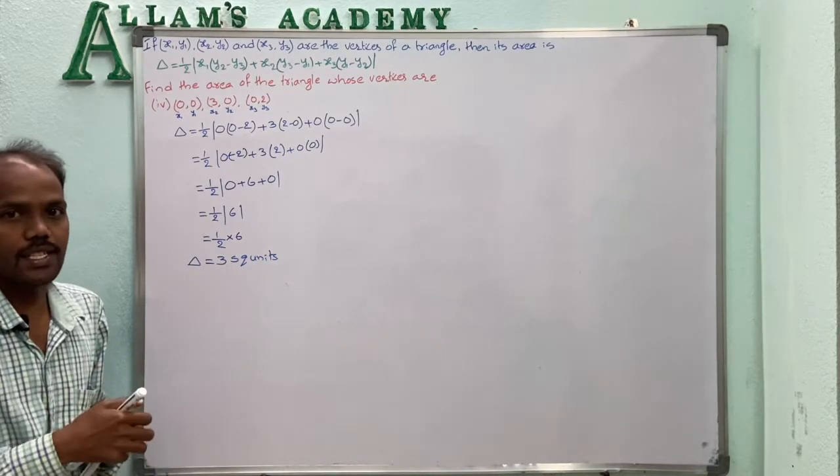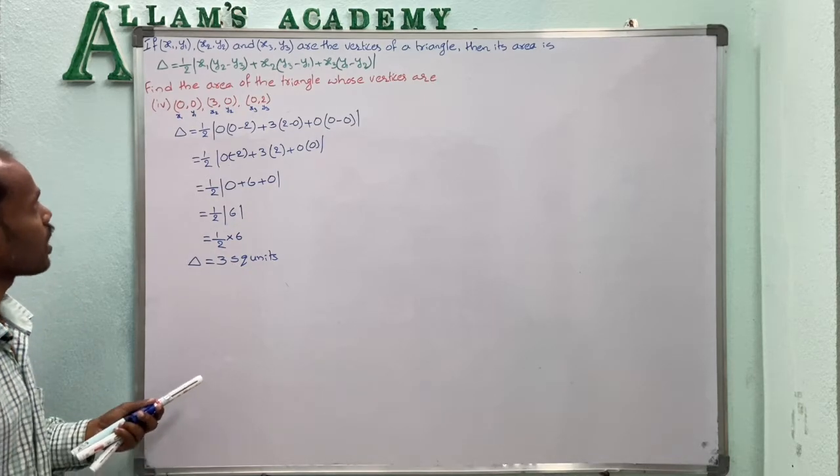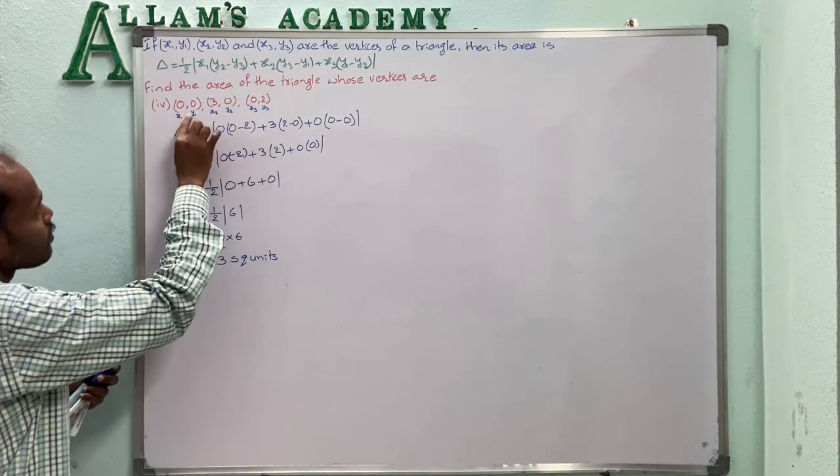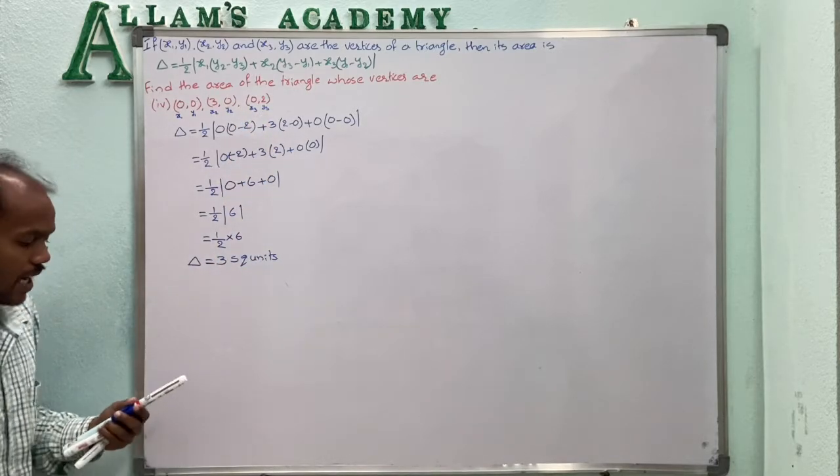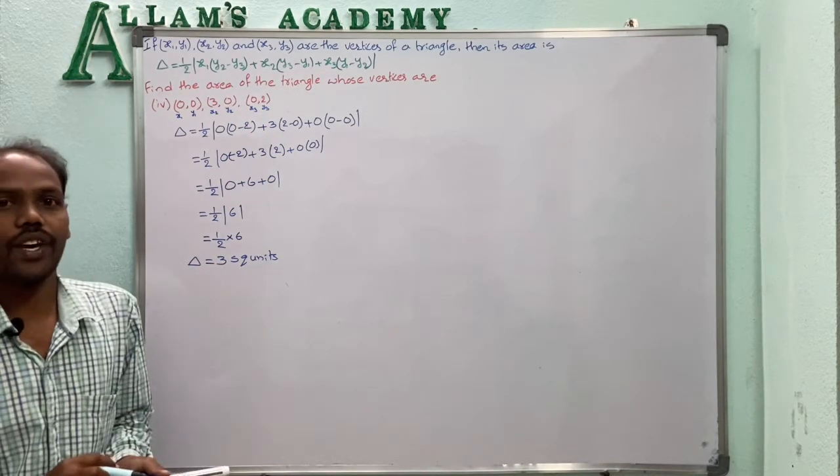So now if we observe the vertices, (0, 0), (3, 0), (0, 2), we get the answer 3 square units.